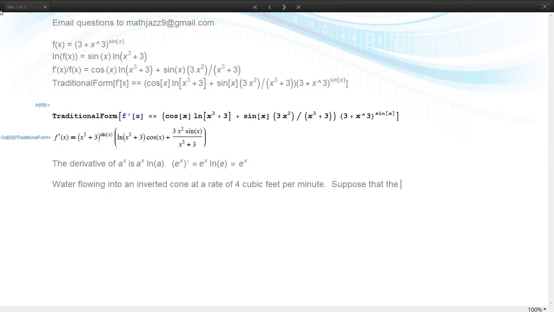Suppose that the radius is half the height.